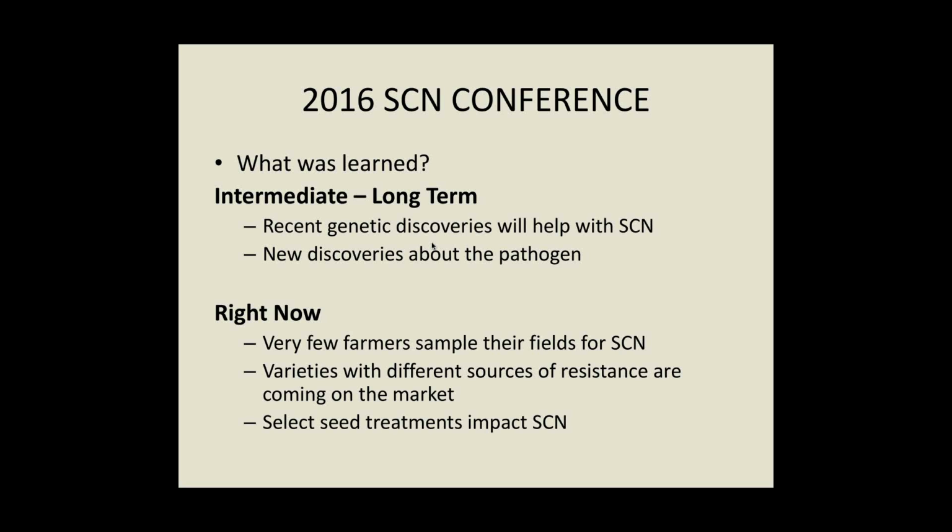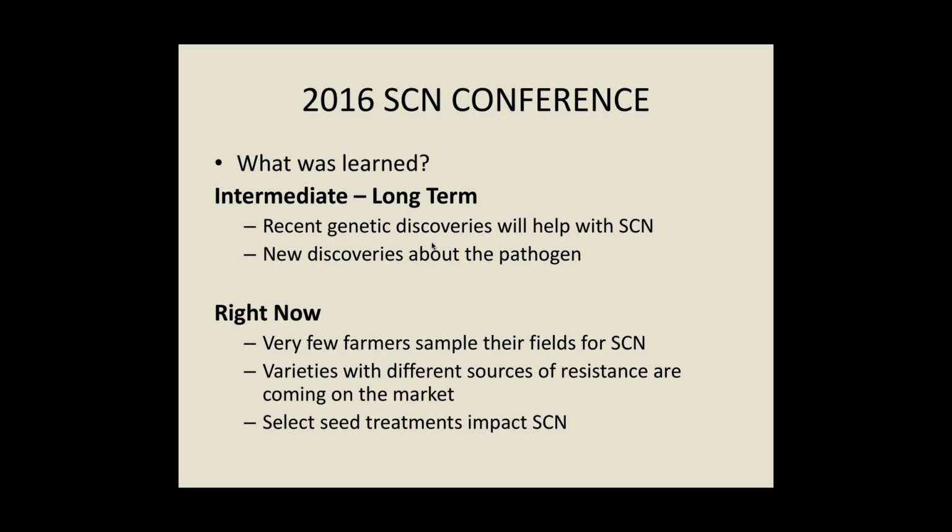One of the things that was talked about is that the companies are doing a much better job getting varieties with different sources of resistance into those variety brochures. I've worked with companies for over 15 years with this issue, testing some of the lines as a third party just before they go out.